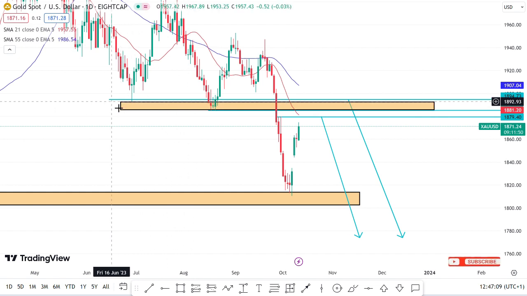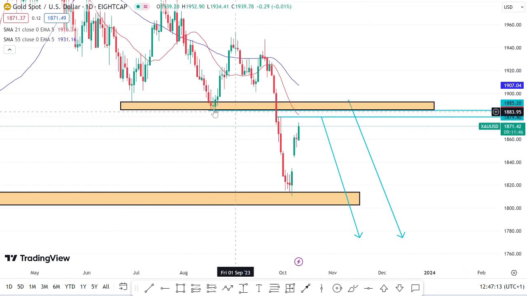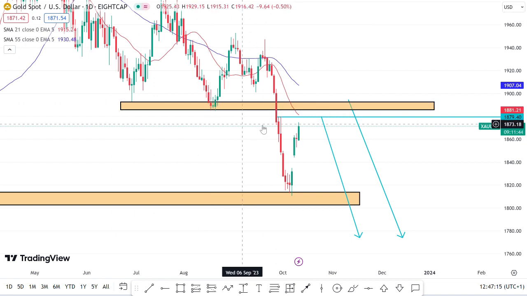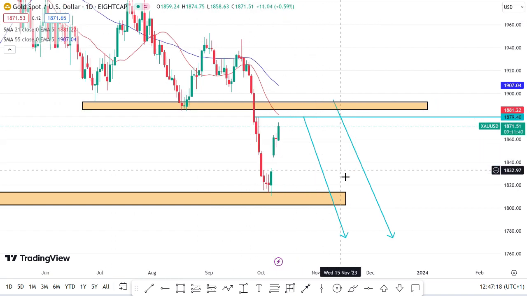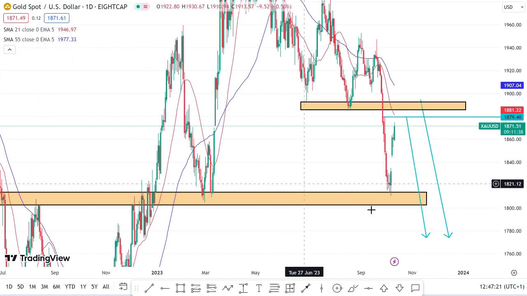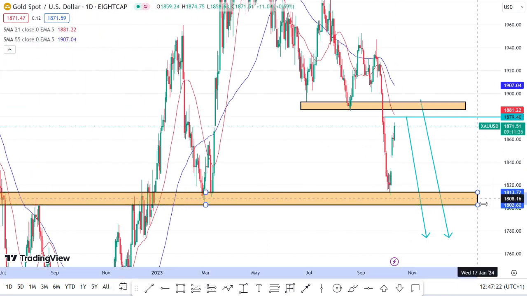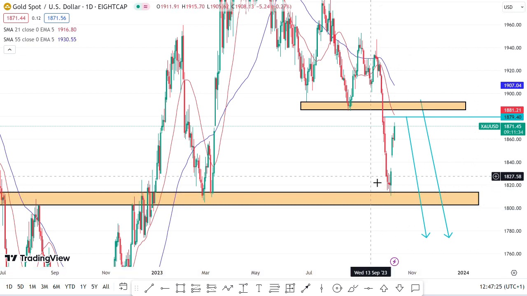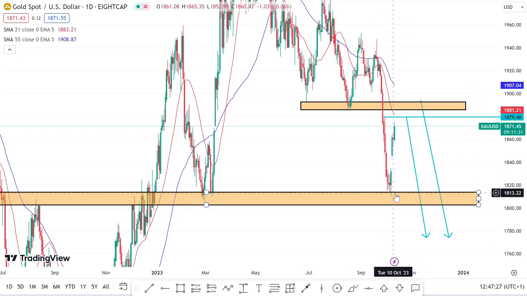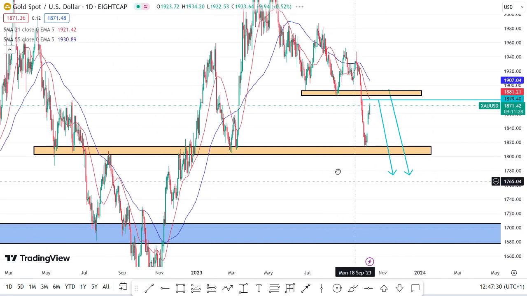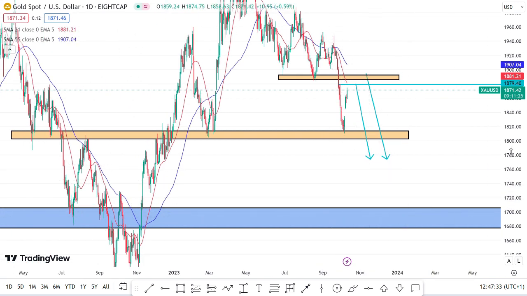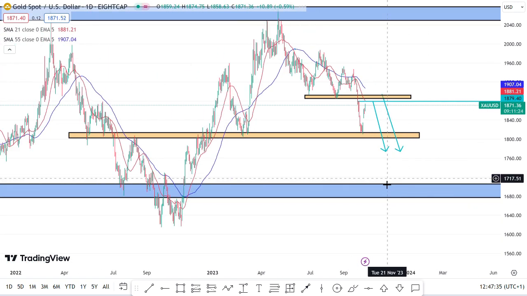So I'll remove this now and this. So this is what we are anticipating the market to do, because we have to break this particular zone, this support. We have to break it to go to the downside, targeting this particular major zone or major key level.